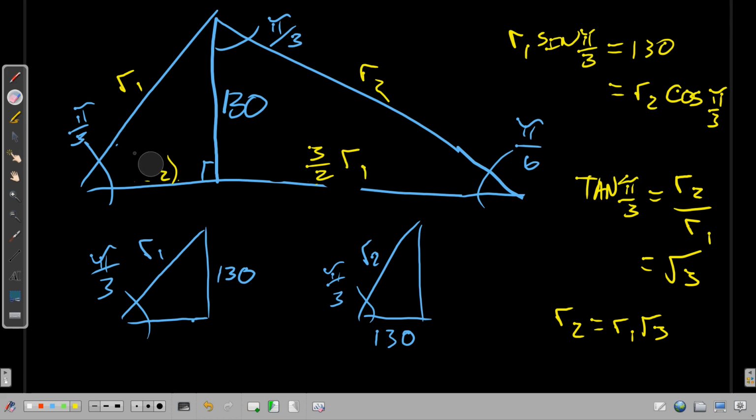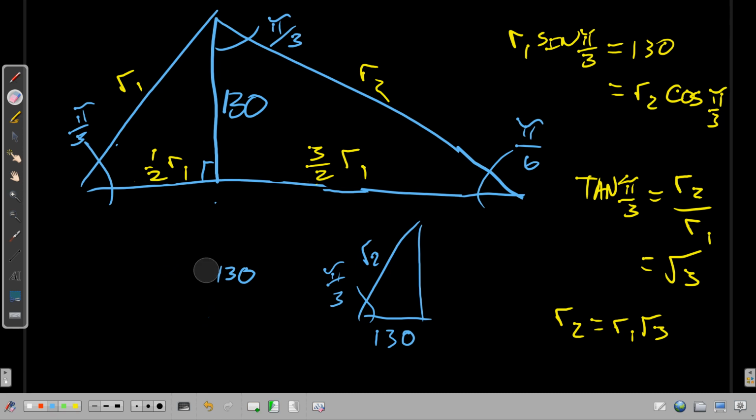So I got 1/2 of R1 and 3/2 of R1. Therefore, it just equals 2R1. So x must be 2 times R1.